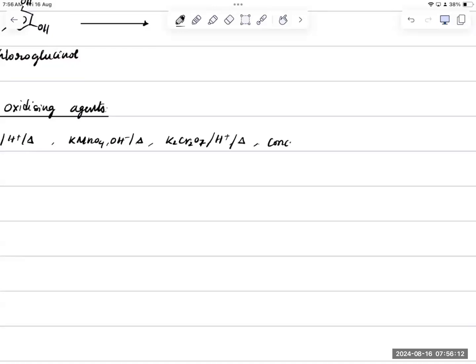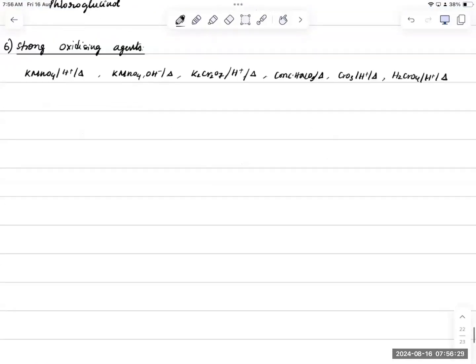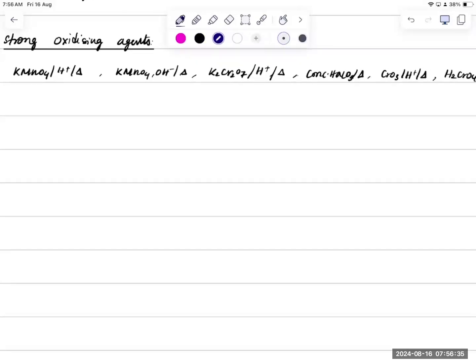Concentrated HNO3 followed by heat; CrO3, H plus, and heat; H2CrO4, H plus, and heat. If you notice any of these kinds of reagents given, then this is what we expect.